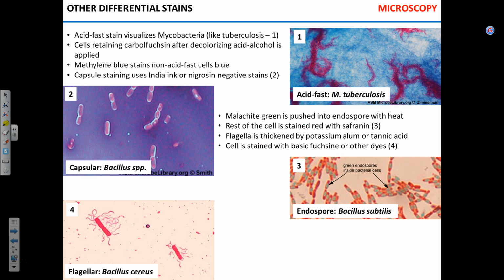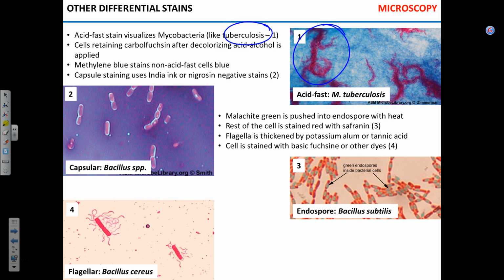Okay. Other stains that are differential stains. Acid-fast. Mycobacteria, like tuberculosis or leprae. Mycobacterium leprae is a causative agent of leprosy. They're slightly different in terms of the cell wall structure. So we use the special stain named acid-fast.